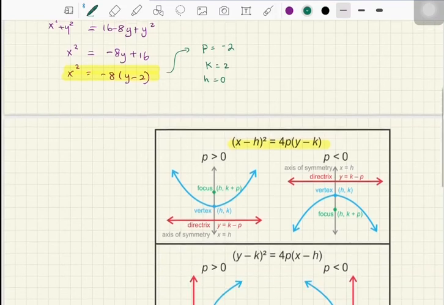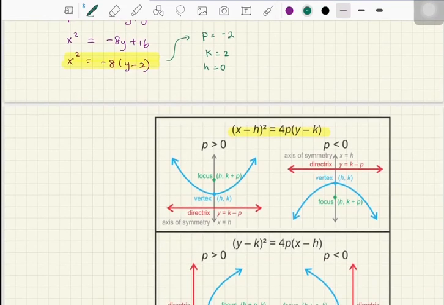So to graph it, according to the formula, if I have the x-axis and then the y-axis, the vertex is going to be (h, k), which is (0, 2).